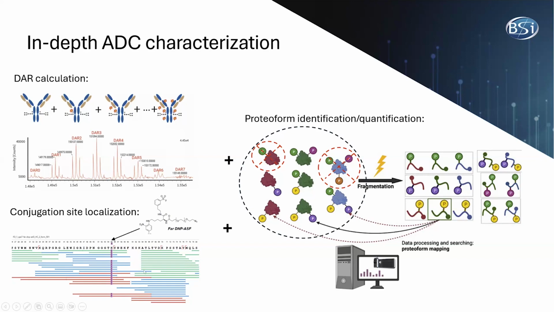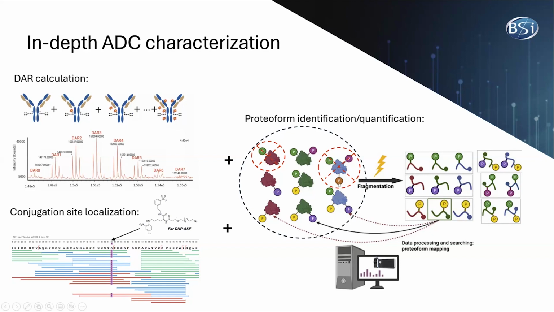But because you've digested the proteins within your sample prior to running them on the mass spec, you've lost the information of which of these proteoforms each peptide was derived from. So this is why it's important to integrate top-down or middle-down approaches in order to actually characterize the population of different ADC products within a sample.